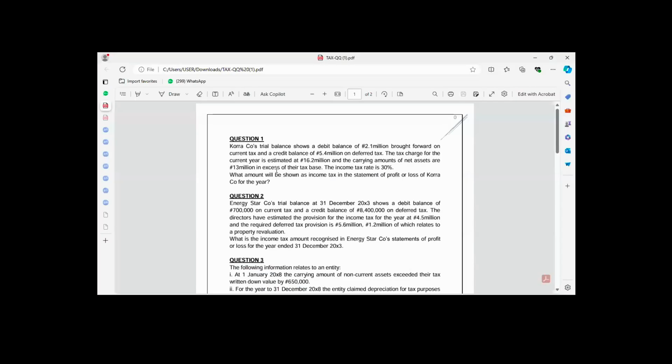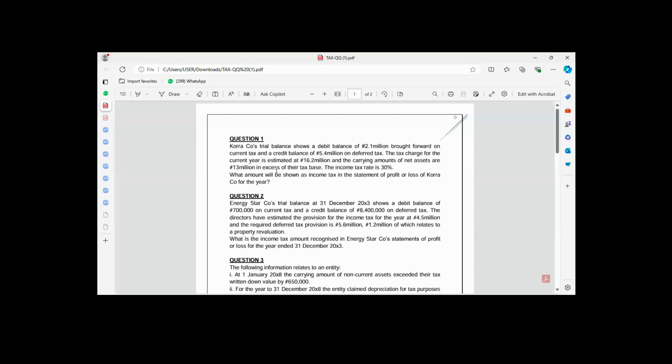Say Cora's trial balance shows a debit balance of 2.1 brought forward on the current tax, brought forward from last year to this year. I told you, under provision will be the debit side of the trial balance. Over provision will be the credit side.